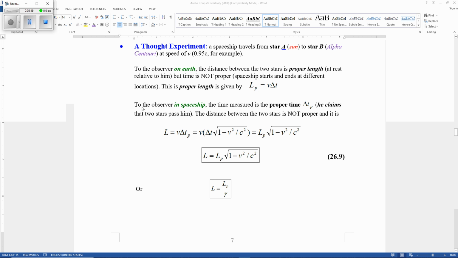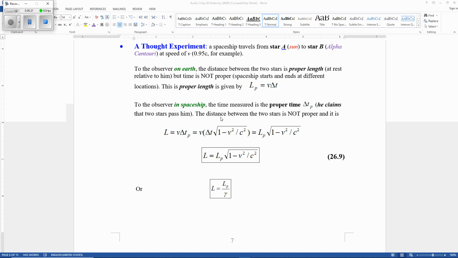Now, for someone inside the spaceship, the time measured is proper, right? Because he sees star A pass, then star B pass. So he claims the two stars pass him at the same location. So inside the spaceship he measures proper time.